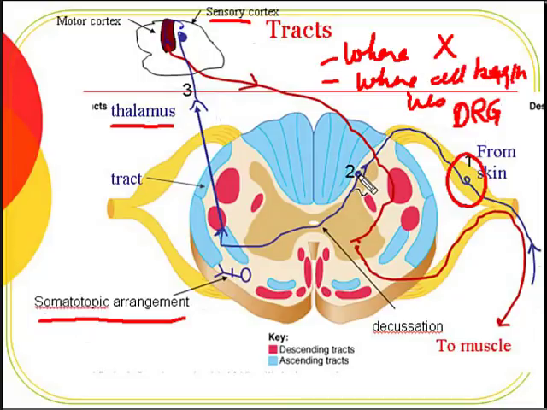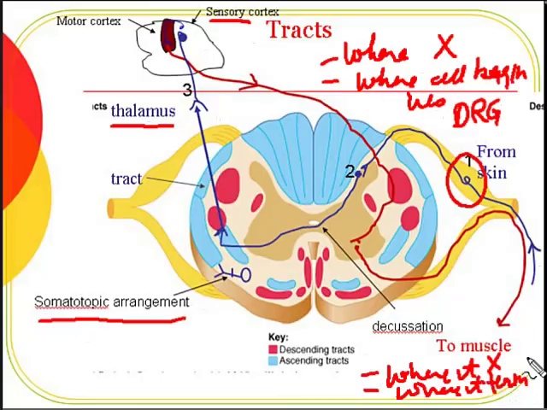So you must know where each neuron cell body lies. And then you must know where it crosses, and you must know where it terminates. I've already mentioned where the crossing occurs, whether it occurs in the spinal cord, in the medulla, or somewhere else. These are some of the things that you must know when you're doing these tracks.